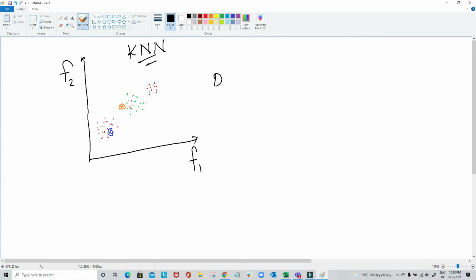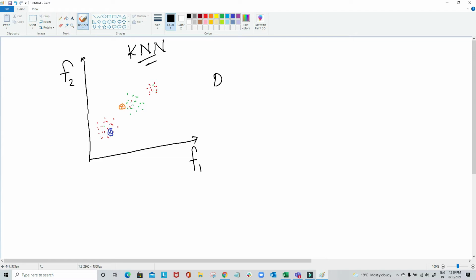Now what k-nearest neighbor tells us is, when a new data point has to be classified under a positive or negative class, let's consider the blue as a new data point, blue and orange here. The k points surrounding the blue point will all be considered.